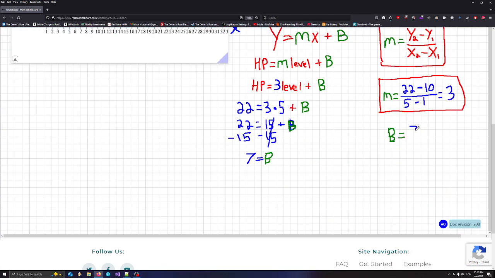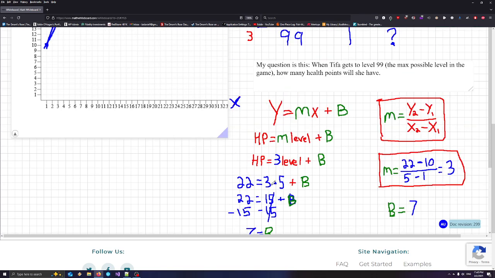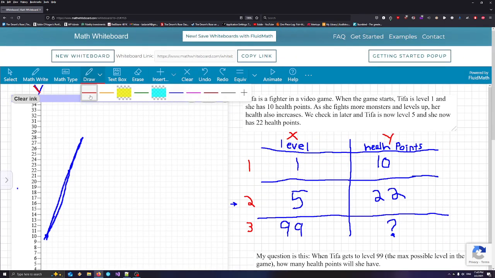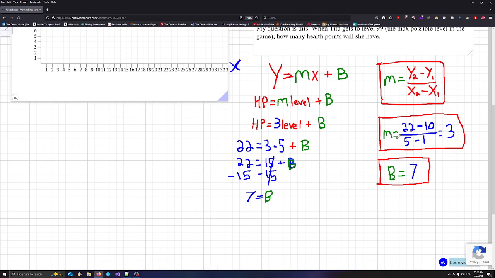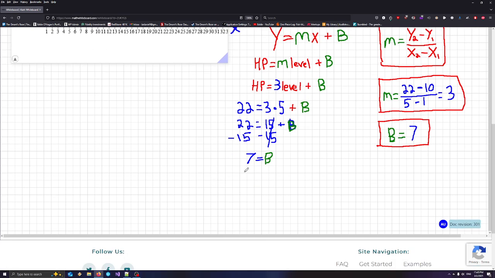And now we're pretty much done with the hard part. Well, the hardish part. So now let's rewrite our equation.